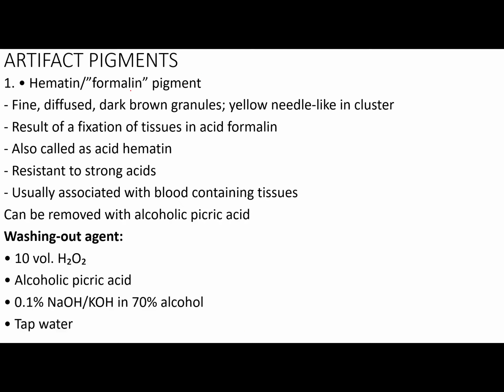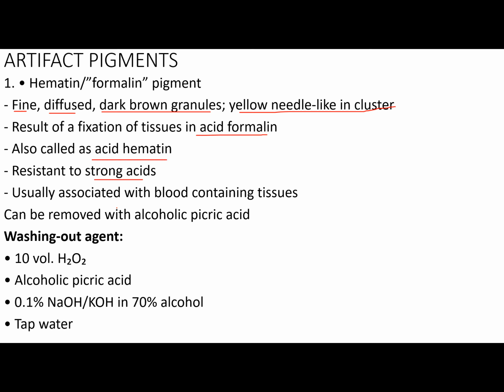Now, here are some of the artifact pigments. So we have your hematine or formalin pigment. Now, they appear as fine, diffuse, dark brown granules with a yellow to needle-like cluster, a result of fixation of tissue in acid formalin. So, napoproduce tong hematine pigment na to if you use the fixative acid formalin. This is also known as acid hematine pigment.